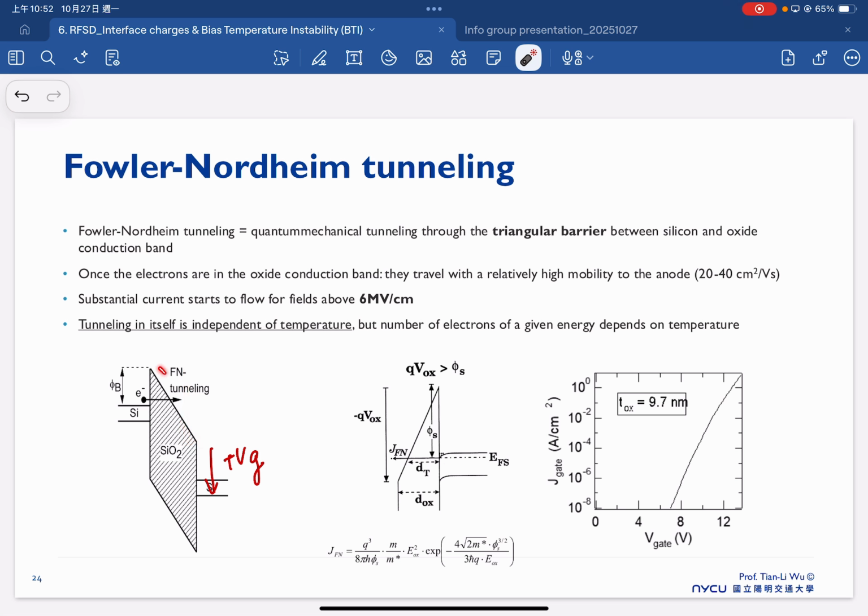Therefore, you will see the barrier become thinner. The original barrier is square, but now we pull it down, and the barrier becomes triangular.